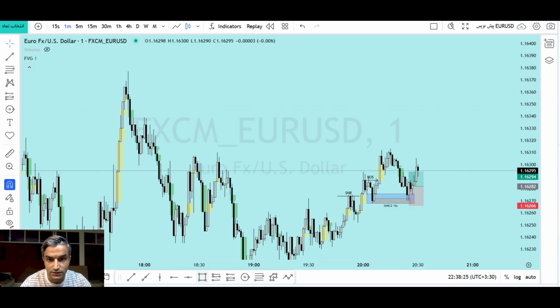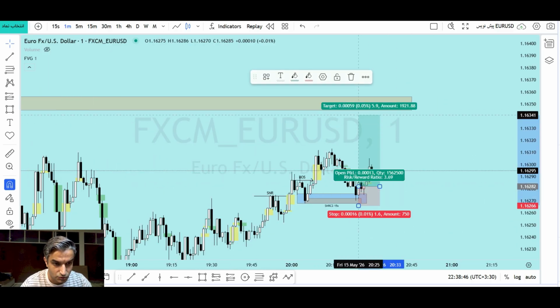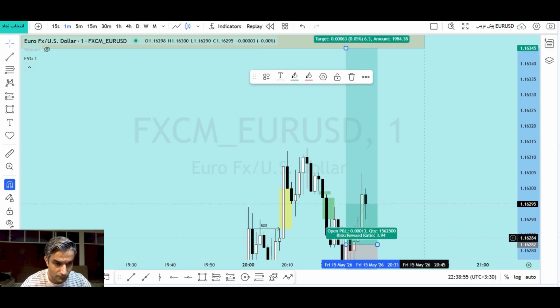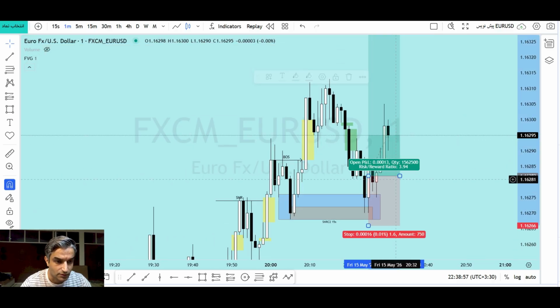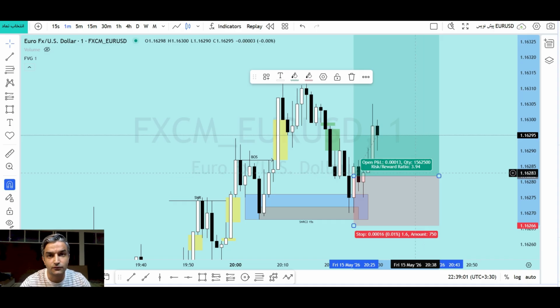Okay, because there is an FVG above it, it is an unmitigated order block, that is supply. Okay, so if I put my target till here, I hope it will be visible, it's around 3.94, around 4.